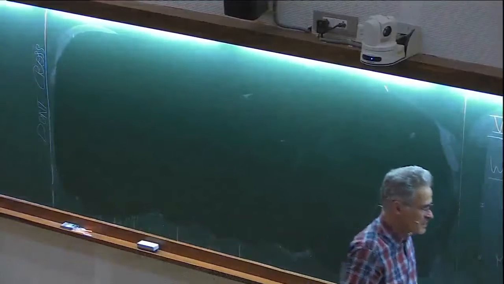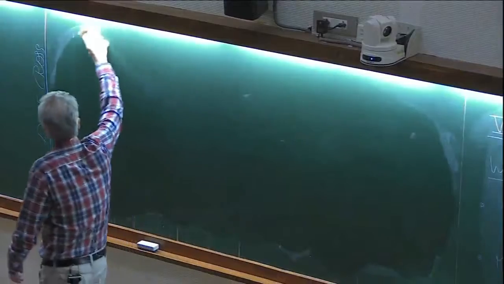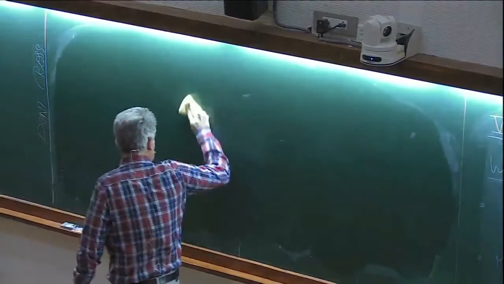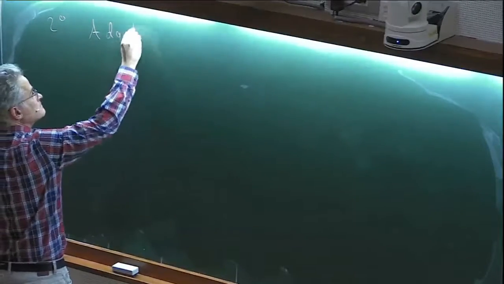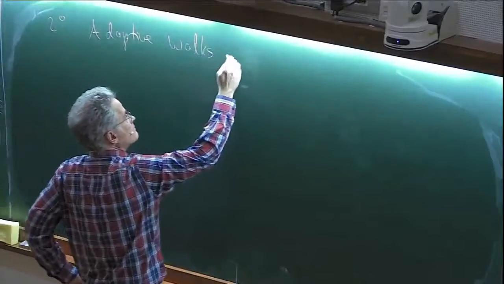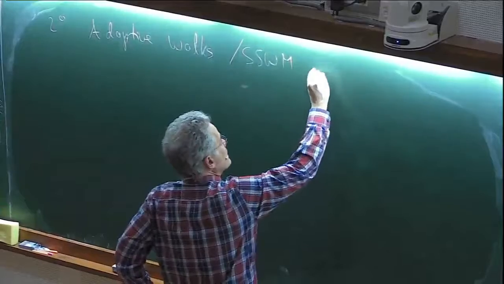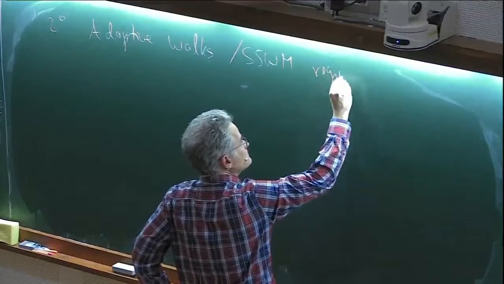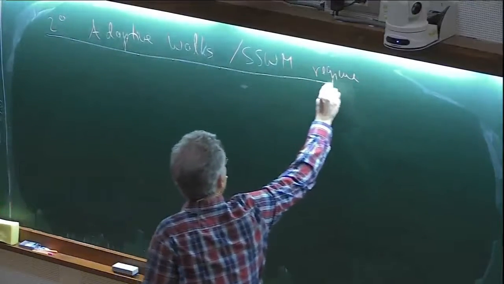Now, the second regime that I want to describe is closely related to these accessible pathways. These dynamics are called adaptive walks, or this is also often abbreviated SSWM, which means strong selection, weak mutation.